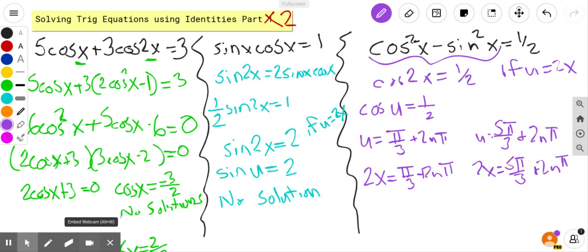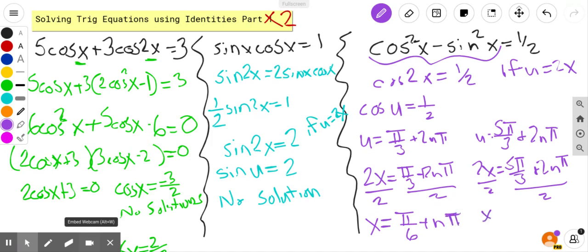So in order to figure out what x should equal, I'm going to have to divide both sides by 2. So that means x should equal pi over 6 plus n pi, and x should equal 5 pi over 6 plus n pi.